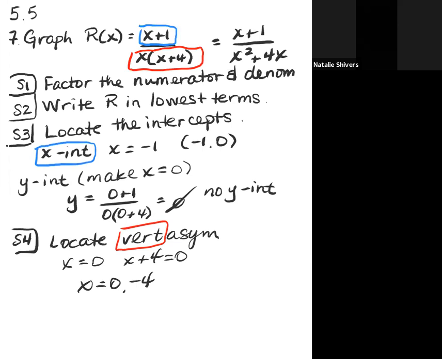H of x equals x cubed minus 1 over x squared minus 9. Step 1, let's go back to the first whiteboard. It says factor the numerator and denominator, and then write it in lowest terms.